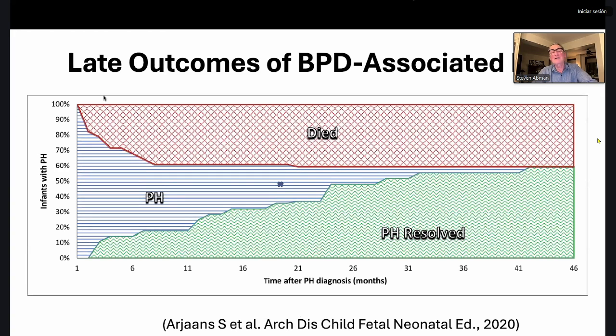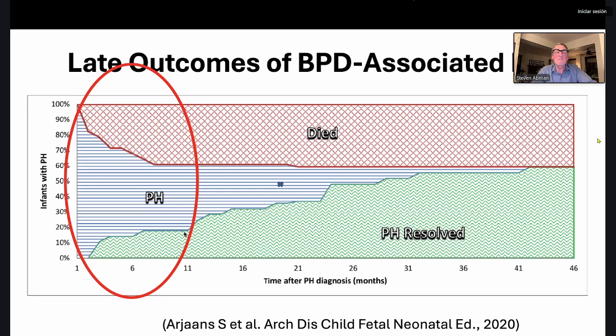Finally, late outcomes. I told you about this death signal that Mary Mullen described in Boston many years ago, still seen in Sonny Aron's work from Groningen. She showed nicely that, yes, in their population of neonates, PREMs with BPD-associated PH, there is significant mortality, but then it flattens out after about 6 or 7 months.